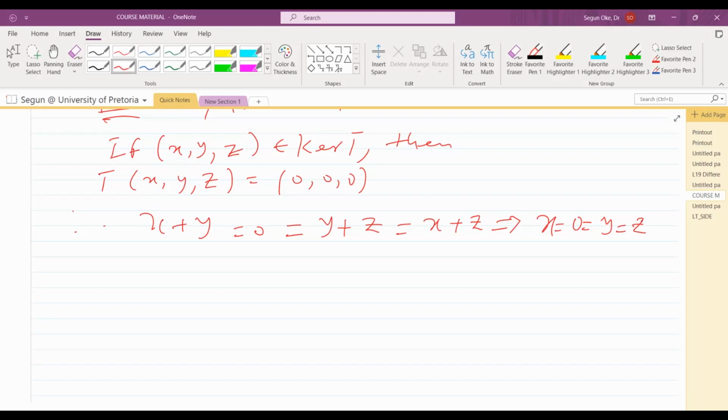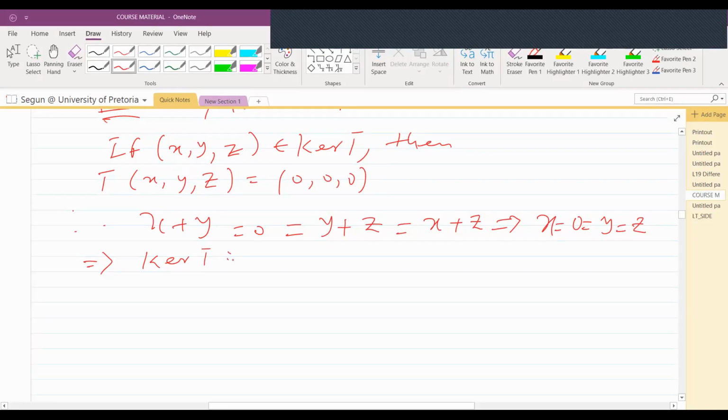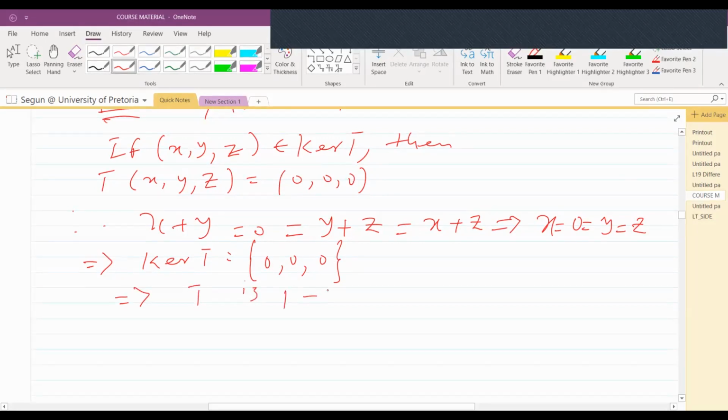So when you map all these things together, we can then imply that the kernel of T equals (0, 0, 0), which implies T is one-to-one. So in this case, T is one-to-one.